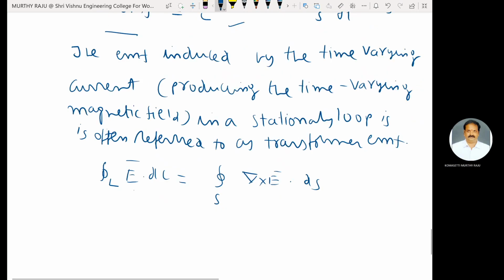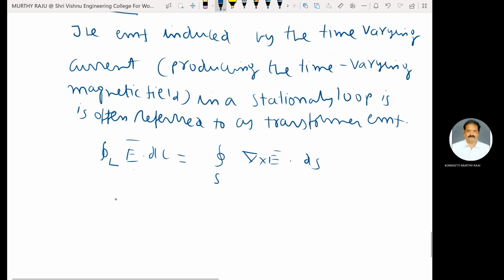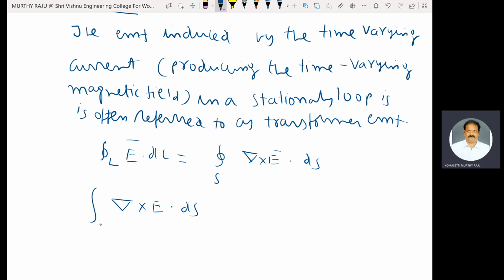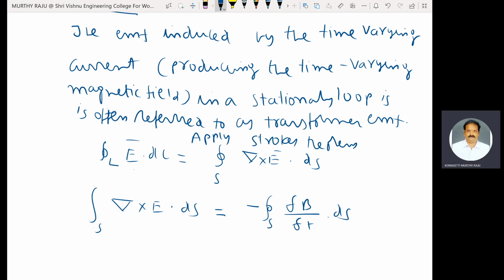Therefore, del cross E dot ds over a surface is equal to minus the integral over the surface of dou B by dou t dot ds. Instead of the line integral, we use the surface integral.